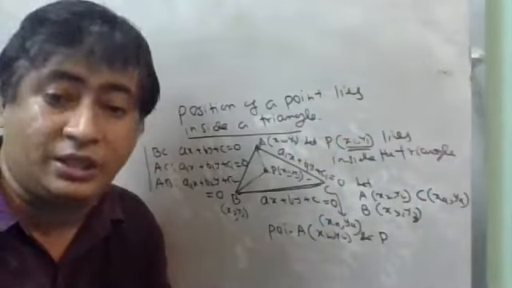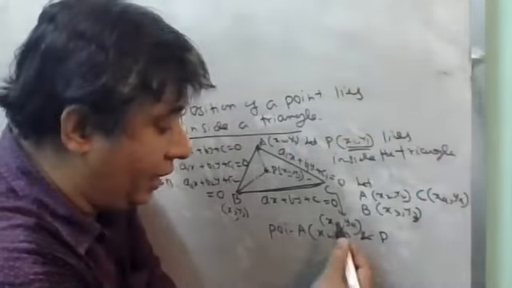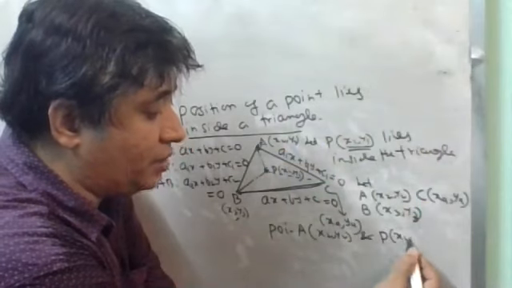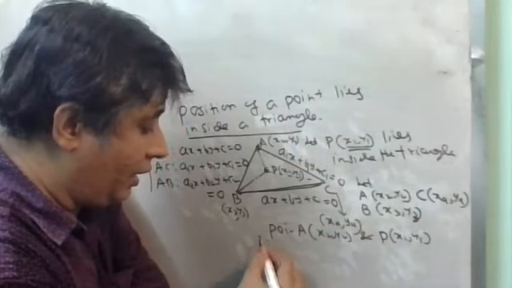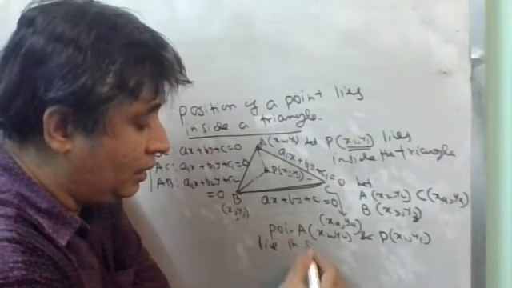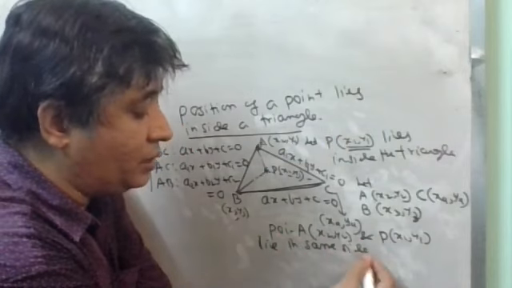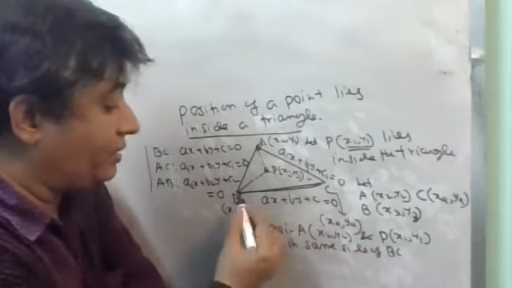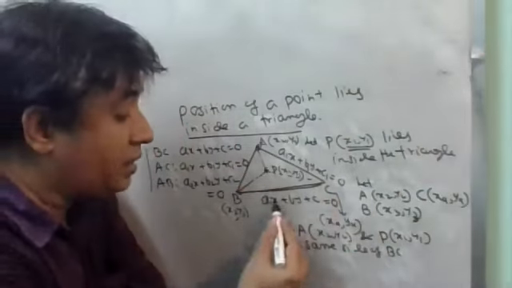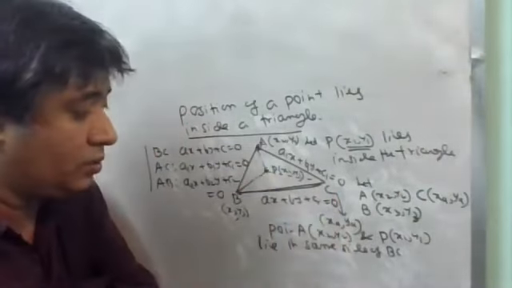Now the points x2 y2 and P x1 y1 lie on the same side of BC. What is BC's equation? ax plus by plus c is equal to 0.